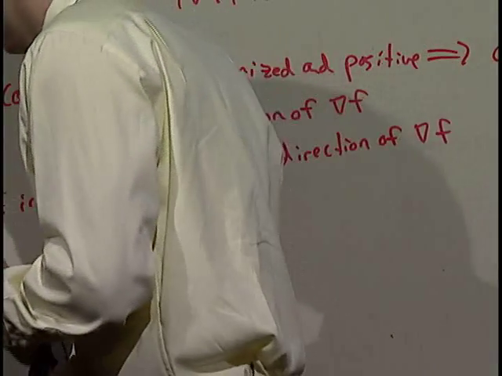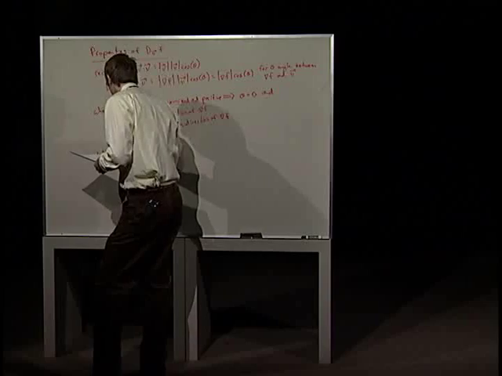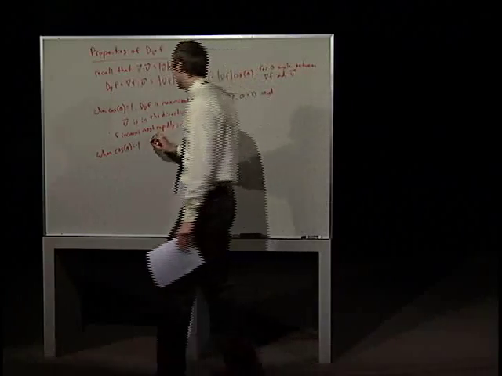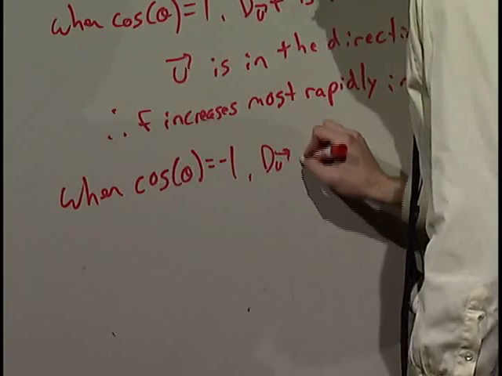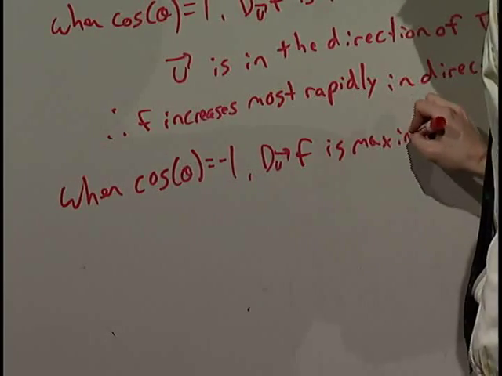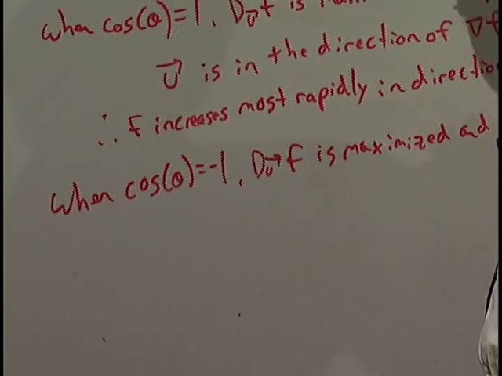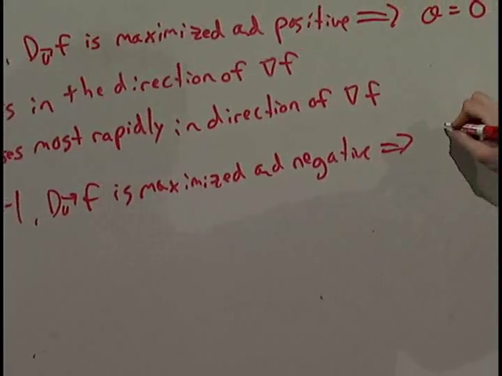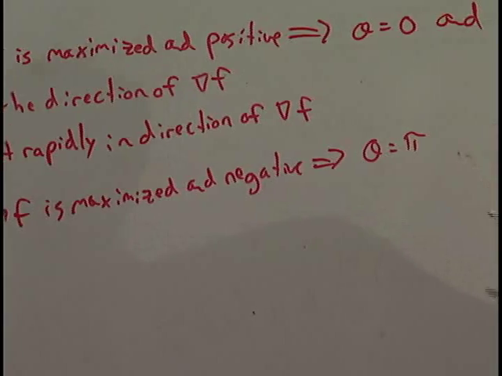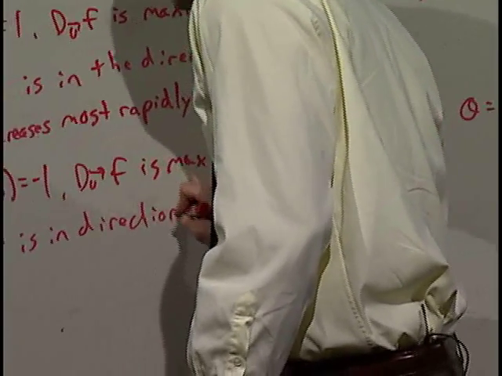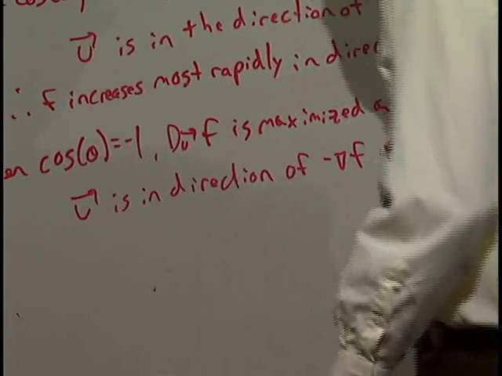Okay, so on the other side of this coin, cosine is -1. That's possible. That means that this is maximized, but it's negative, because it's now the negative of the length of grad f. So it's maximized and negative. And so that implies that theta is equal to pi, and u is in the direction of negative grad f.